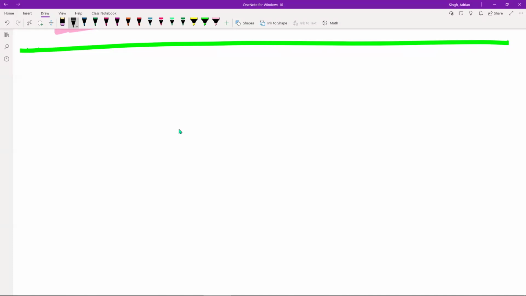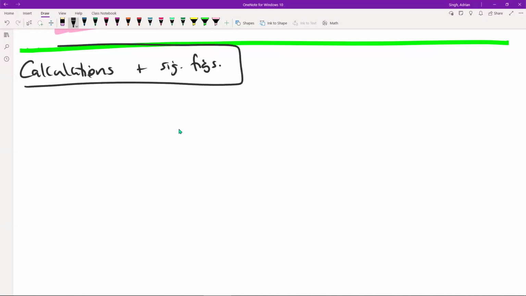So now we're going to take a look at applying some of that information to calculations and significant figures. Now, we're not going to go into a whole lot of detail, because the point of this class is not really to get into the minutia about sig figs, but we still need to address a little bit about significant figures, especially when we do some basic calculations.